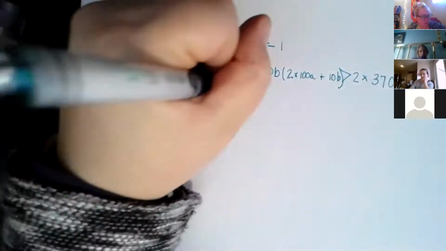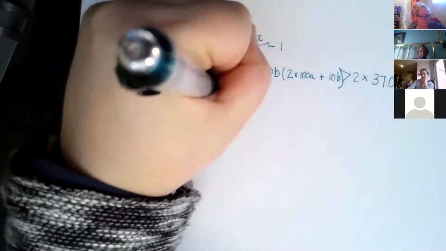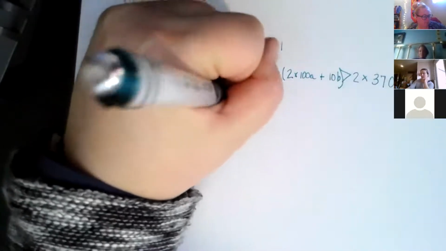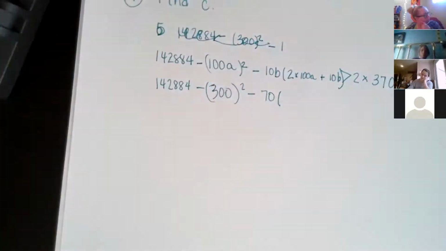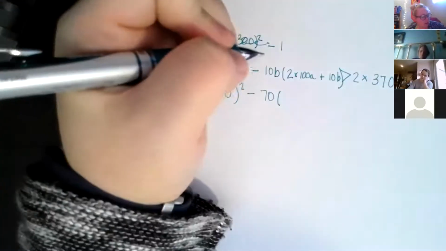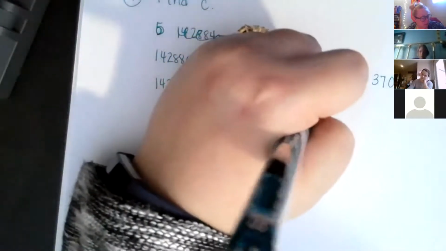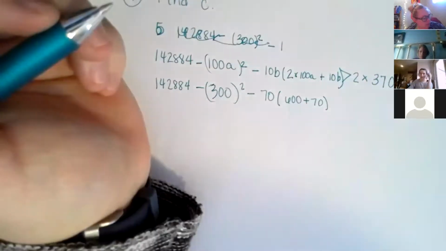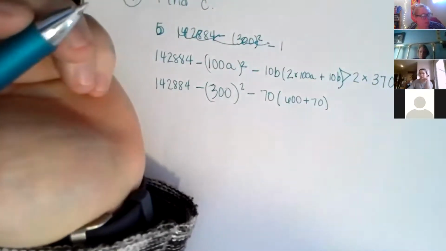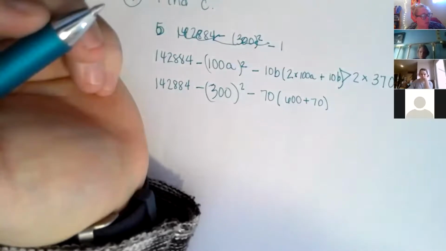We do the other 2 first, and then we worry about that squared. And then this would be 70 times 600 plus 70, right? Yep.